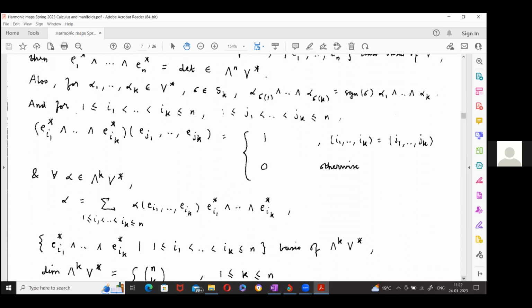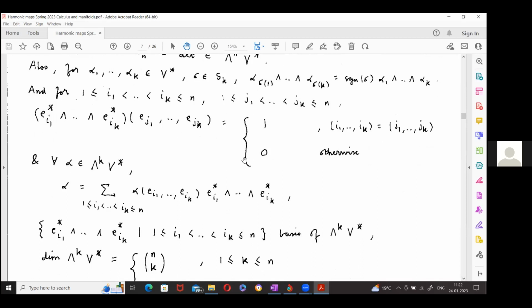And it's also easy to see from this determinant representation that if I take k indices I1 to Ik in strictly increasing order and another k indices J1 to Jk in strictly increasing order, then Ei1 star wedge Eik star acting on Ej1 to Ejk is one if and only if all the I1 up to Ik are equal to J1 up to Jk, and zero otherwise.